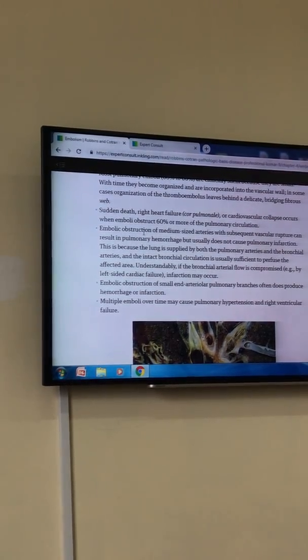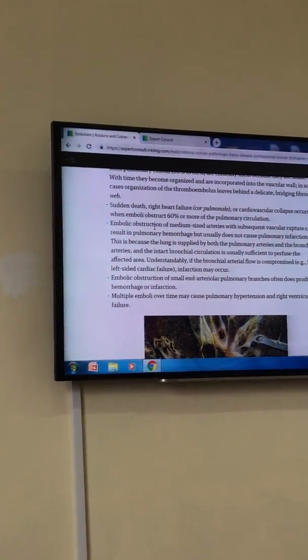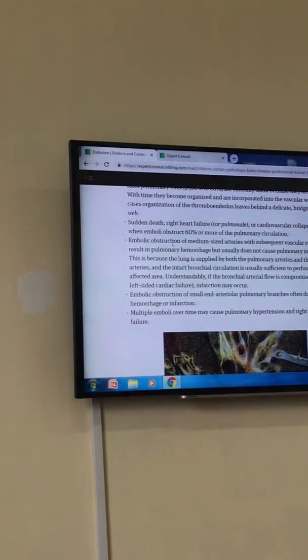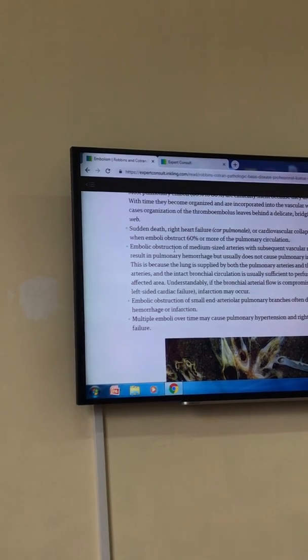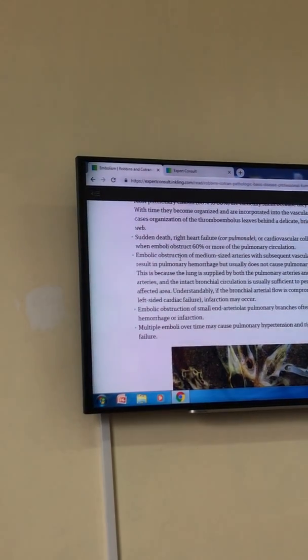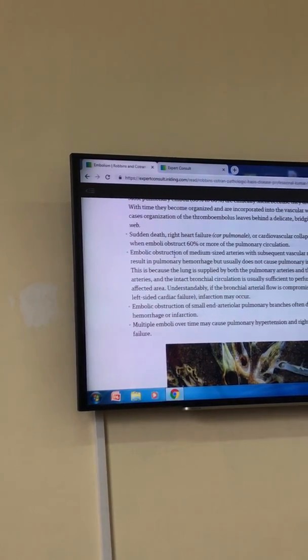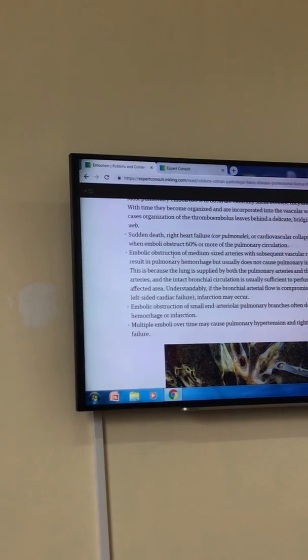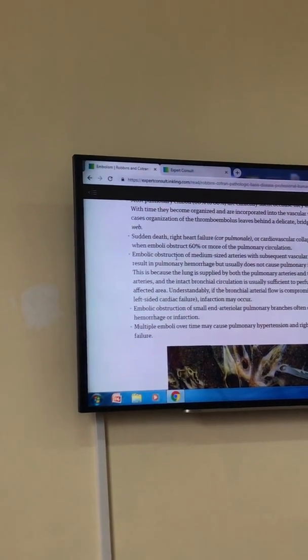So the clinical picture of a patient with pulmonary embolism depends on the size of the arteries that are involved. The smaller the artery, the worse is the prognosis, the worse is the obstruction of the vessel.